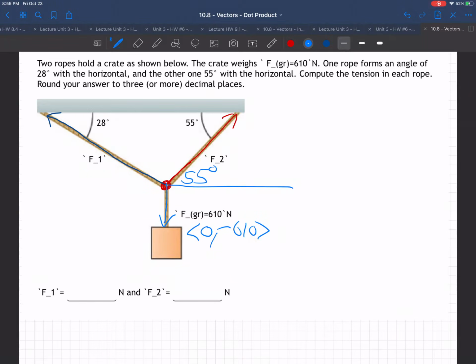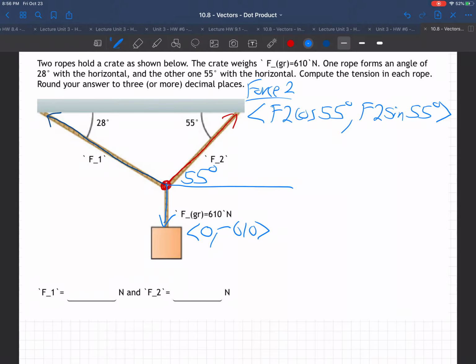That means the force 2 vector, remember how we do it, is going to be whatever force 2 is. We don't know what force 2 is yet. I'll just say force 2 is going to be F2, whatever that tension is in rope 2, I don't know, cosine of 55 degrees, comma, whatever that tension is, force 2, sine of 55 degrees.